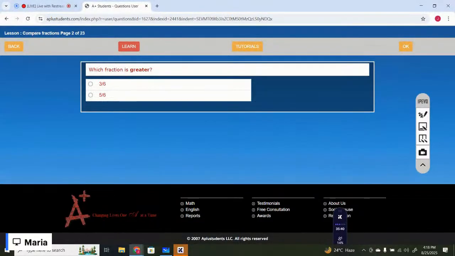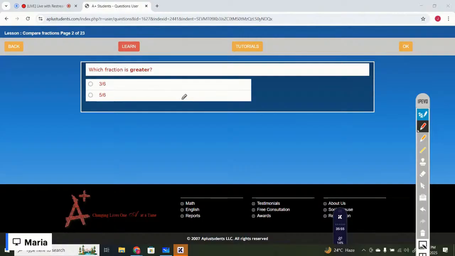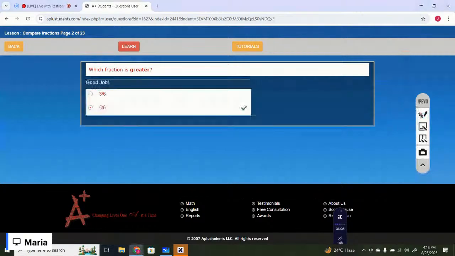Which fraction is greater, 3 by 6 or 5 by 6? The greater one is 5 by 6. Option number 2 is the correct option.